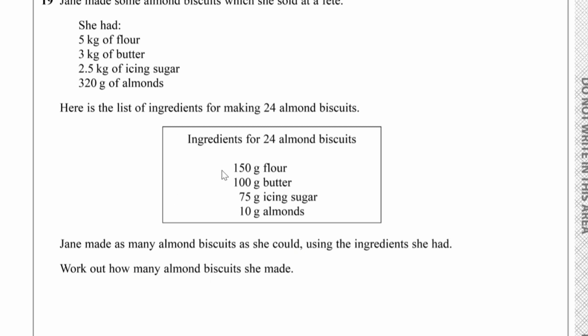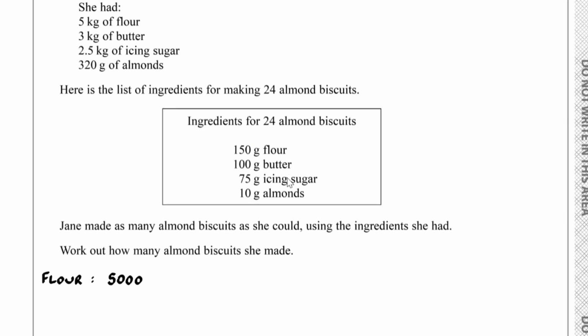Well, what we need to do is think about how many batches of this 24 we can make given these ingredients. So, if I think about the flour, I've got 5 kilograms, or 5,000 grams available, and for 24 almond biscuits I need 150 grams of flour.